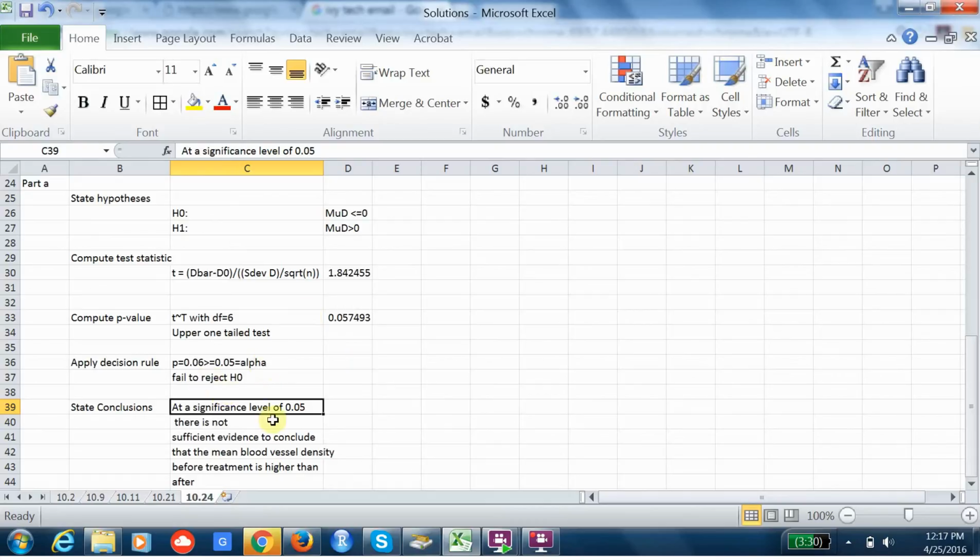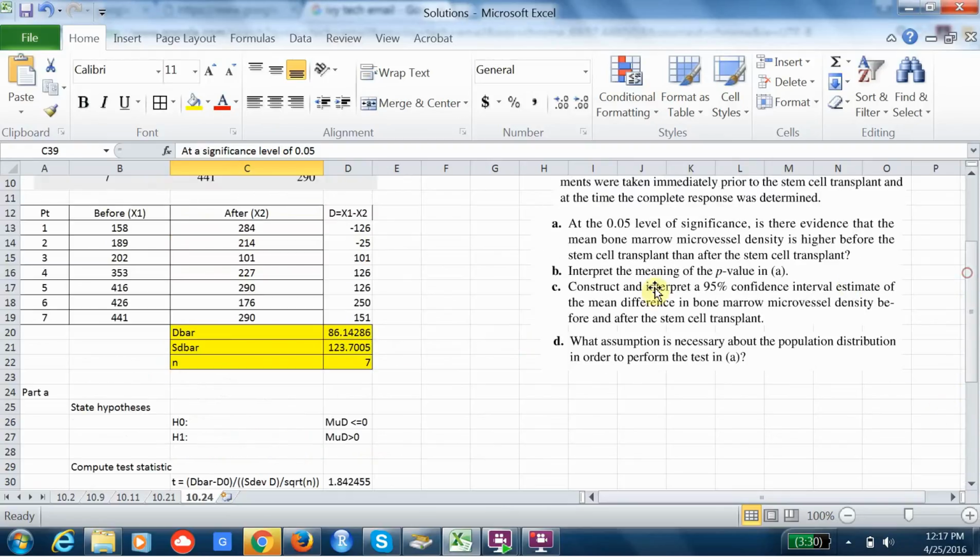The question is, is it really a two-sided percentile or a one-sided percentile? But I would say the correct answer to B, since we're doing a one-tailed test, is the probability that we could get a test statistic this far above 0 or further.